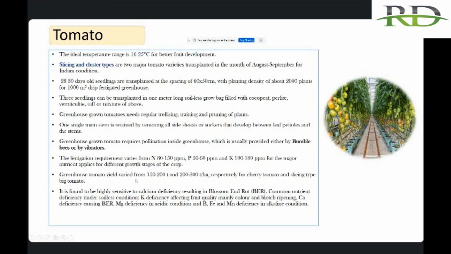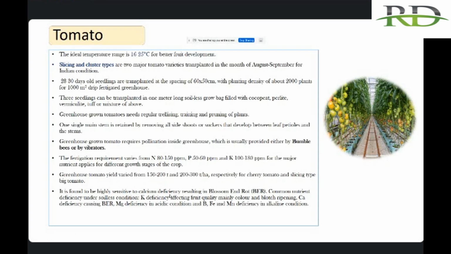The yield which can be obtained from greenhouse hydroponic tomatoes is 150 to 200 tons for cherry tomatoes and 200 to 300 tons per hectare for slicing tomatoes. The problem which can arise in tomatoes grown in hydroponics, just like capsicum, is blossom end rot due to calcium deficiency.